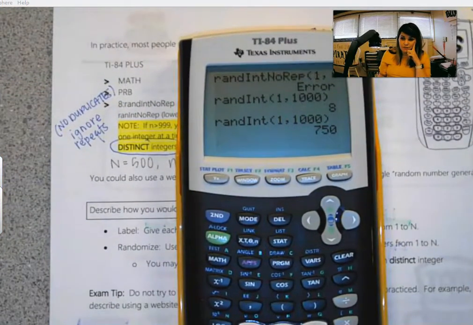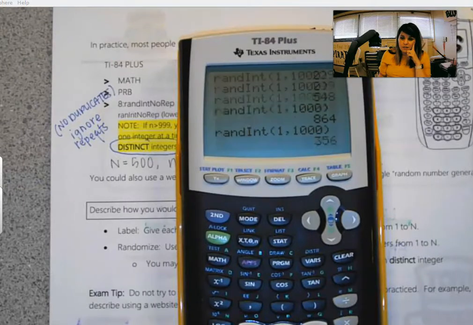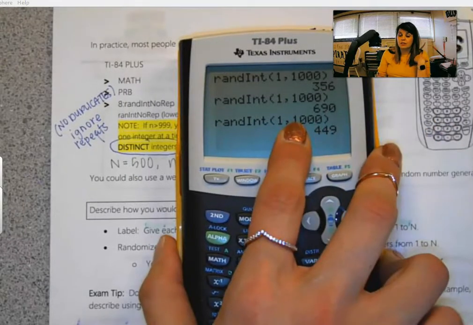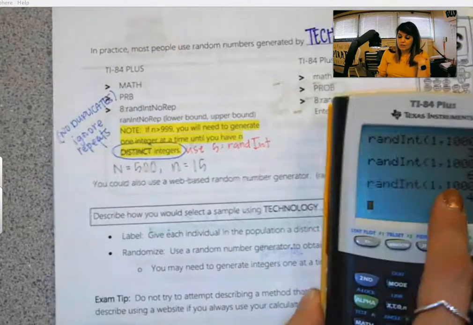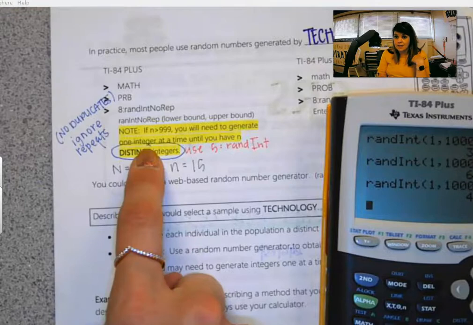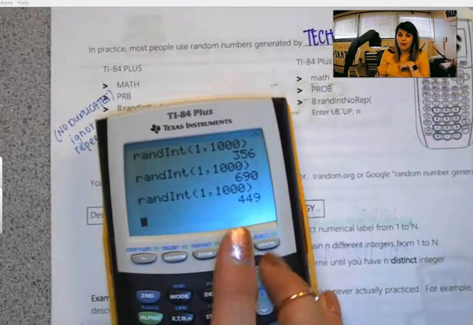Then 750, 705, 229, 548, 864, and I keep hitting enter until I have 15 distinct integers. And if you have to do it this way, you have to explicitly say, I will hit enter until I have 15 distinct integers. So this is the older calculator.